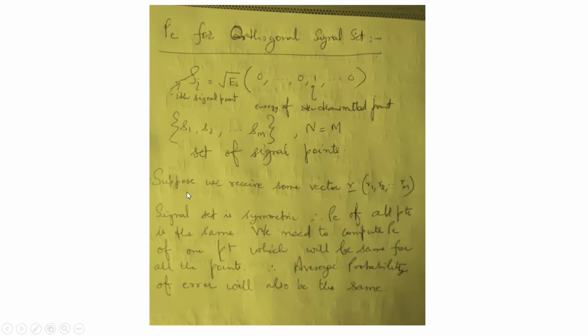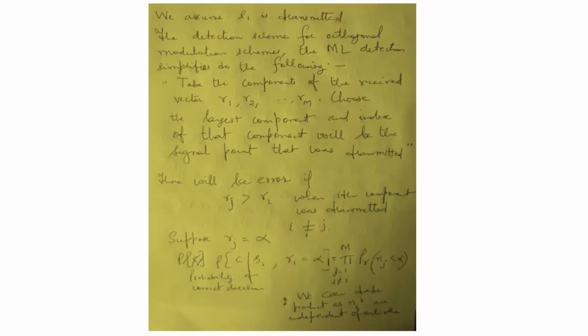Suppose we receive some vector R, with components R1, R2 up to Rm. Now this signal set is symmetric. Therefore, the probability of error is the same for all the points, so we need to compute it for one point, and hence the average probability of error will also be the same.